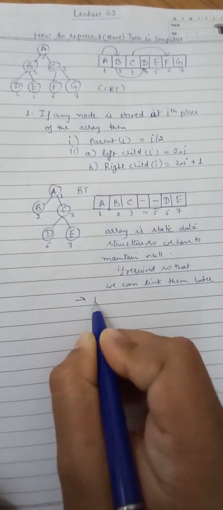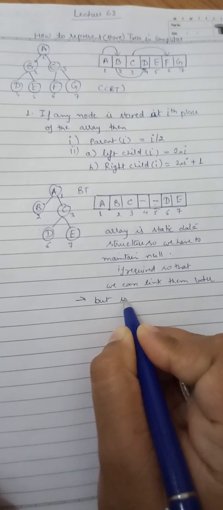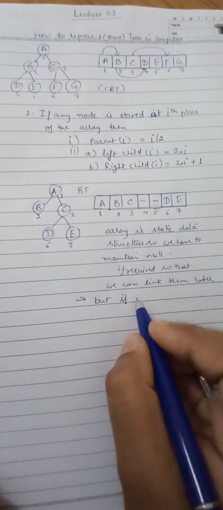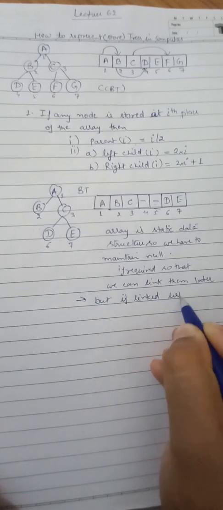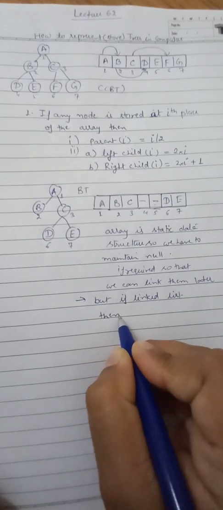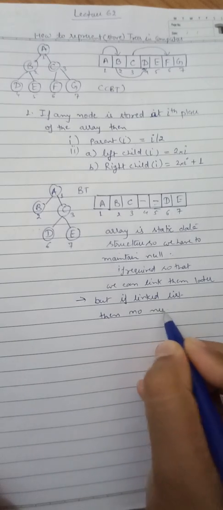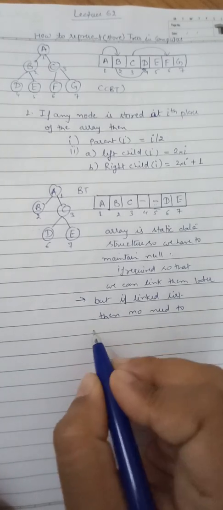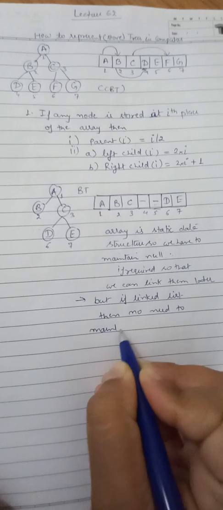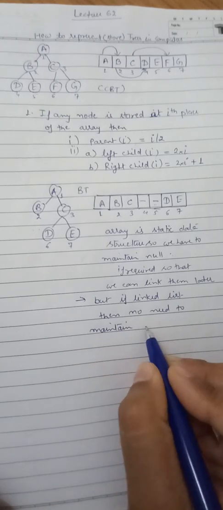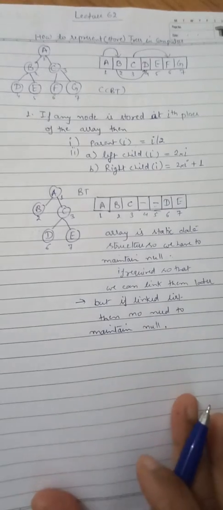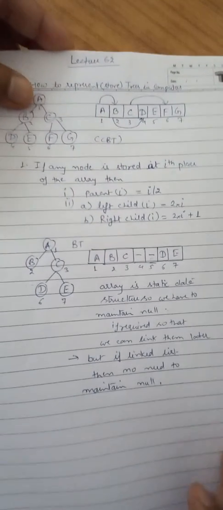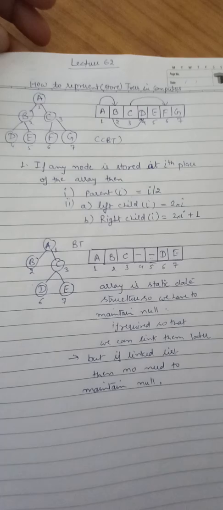But if we store in a linked list, then there is no need to maintain null positions. So this is the way we can store trees in the computer.